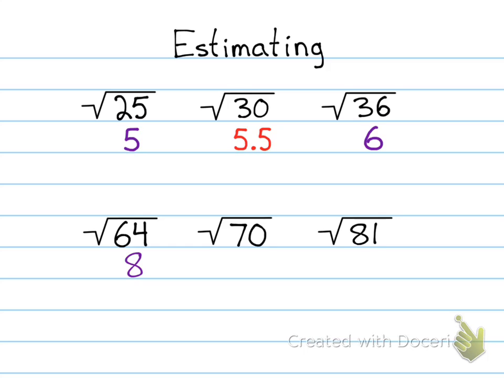So the square root of 64 is 8, the square root of 81 is 9, and 70 is kind of in the middle there, but it looks like it's a little bit closer to the square root of 64 than it is 81. So if I was going to estimate, I'd say it's right in between 8.3 and 8.4. Again, we're just estimating. If you said 8.5, I think that's a reasonable estimate. However, we could make a little bit closer estimate.